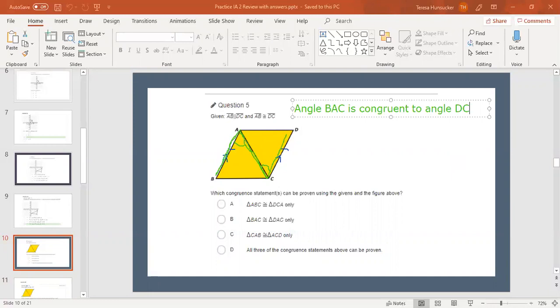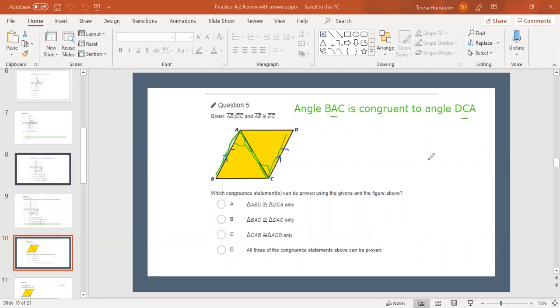Angle A corresponds with angle C. Okay, so let's take a look at this statement. We know that angle A, or BAC, is congruent to DCA. Okay, and we know that angle A is congruent to C. So if you notice, they are the second vertices named.